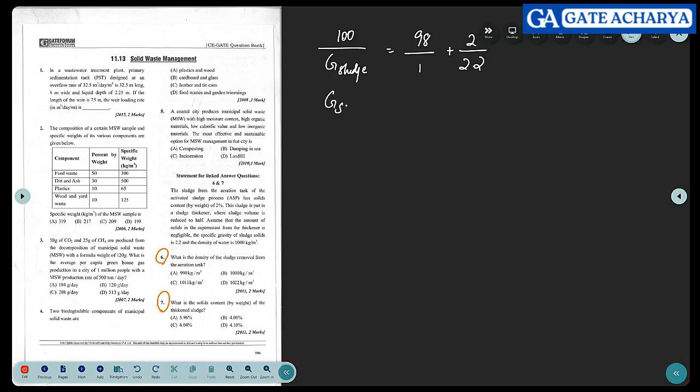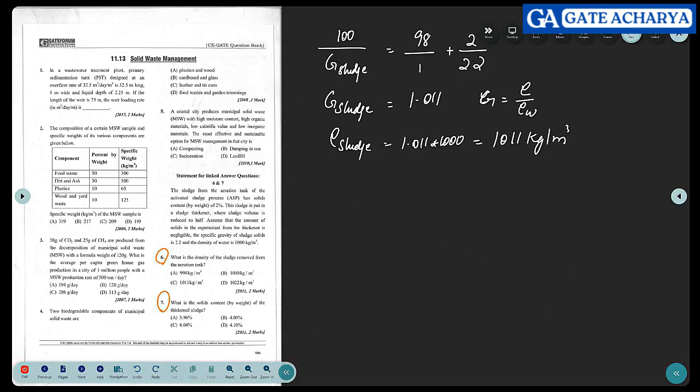What is the specific gravity of sludge? 1.011. So from here we can estimate the density of sludge, since specific gravity is equal to density by density of water. So 1.011 into 1000, the density of water, gives 1011 kg per meter cube.